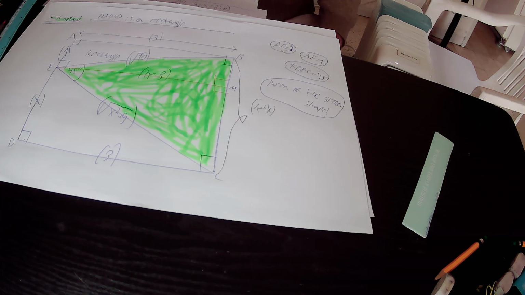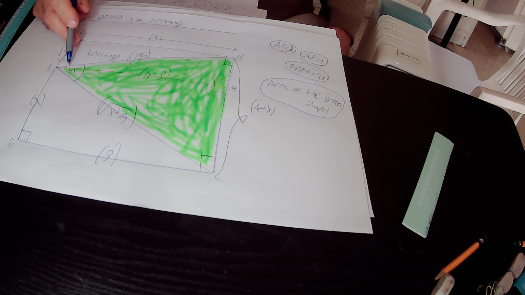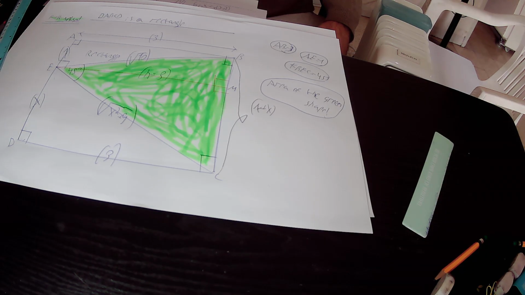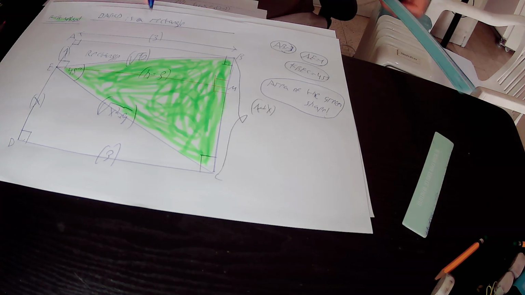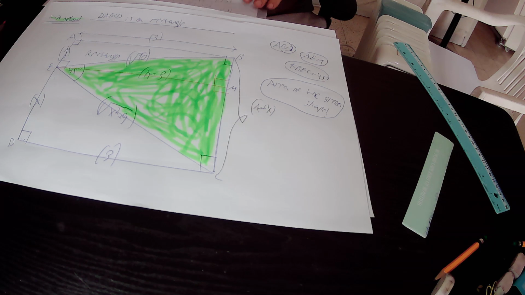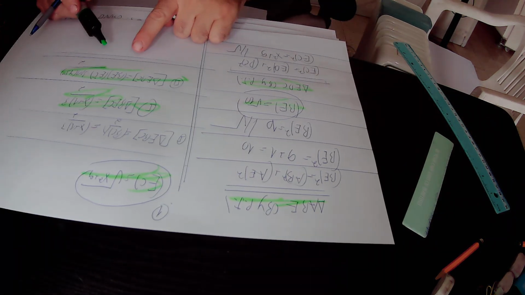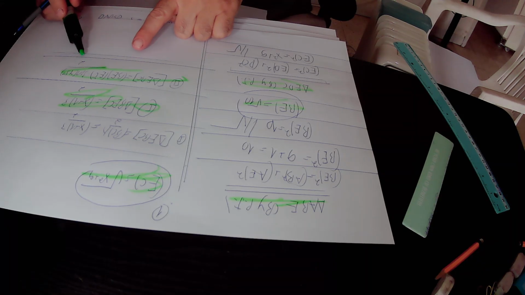So the area of this green triangle BEC according to the second method of calculation equals BE times EC, the multiplication of those two sides by each other, times sine of the angle between the two sides, that is 45 degrees, over 2.